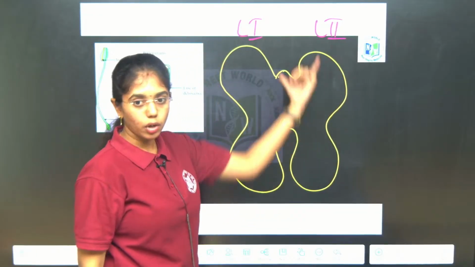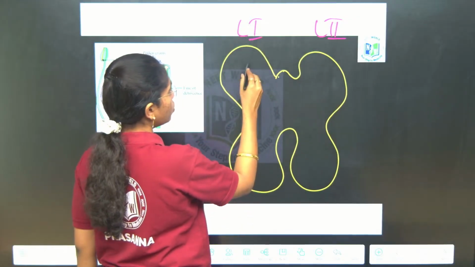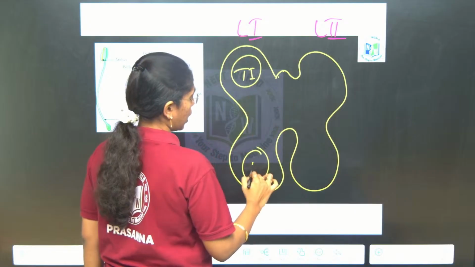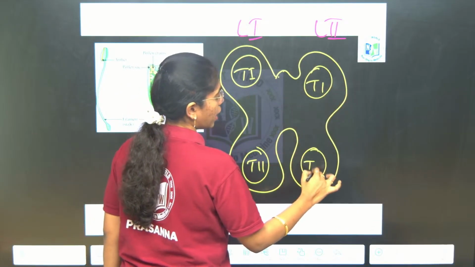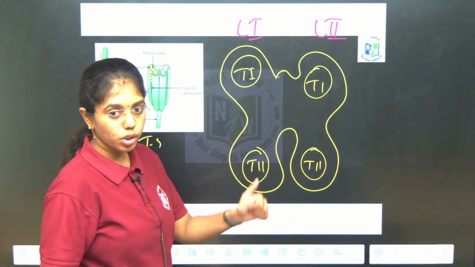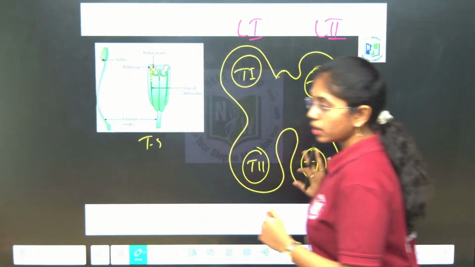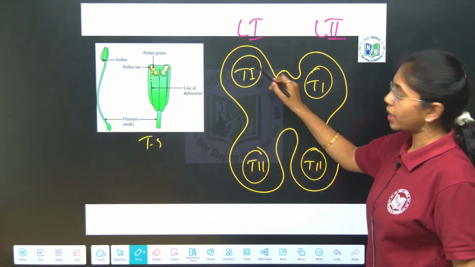In each lobe you have two theca, theca 1 and theca 2. You have understood bilobed and dithecous, and the entire anther will have sporogenous tissues at the center.